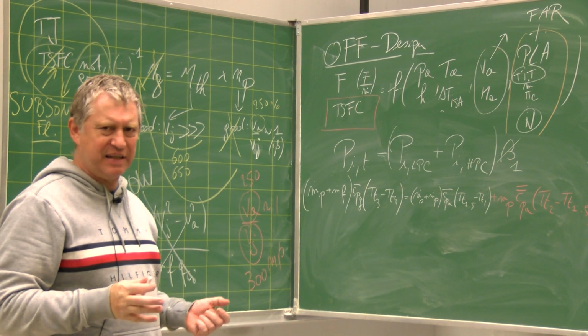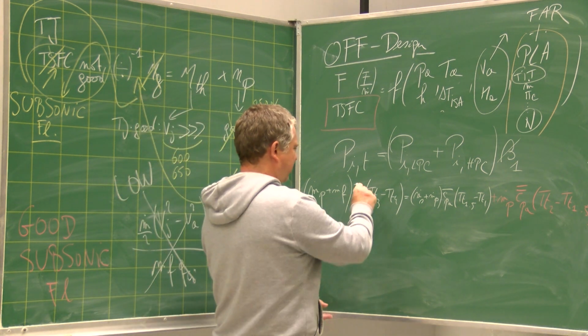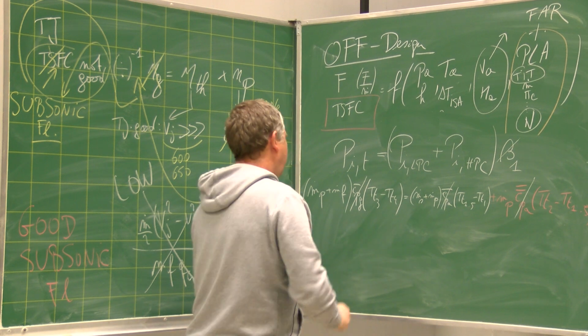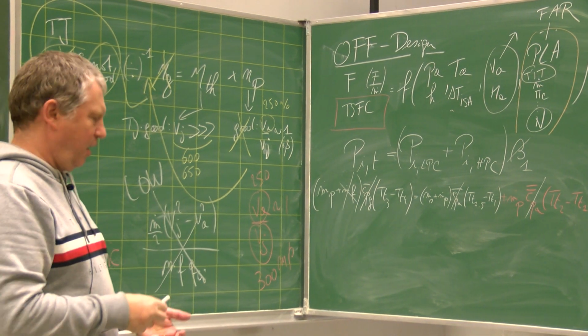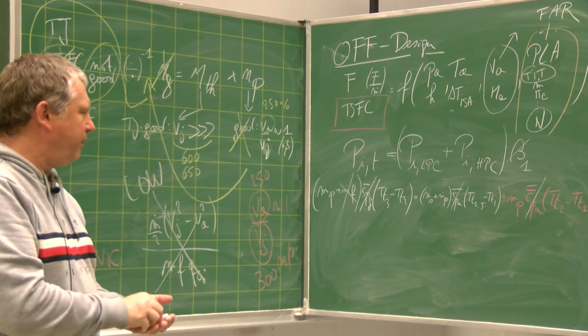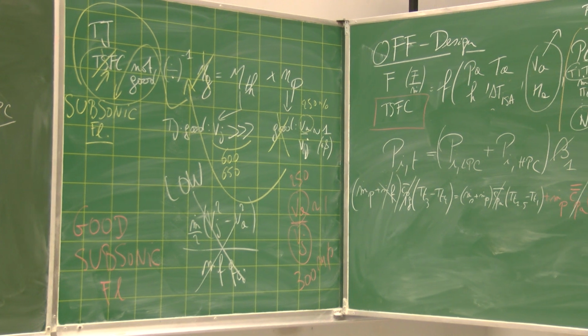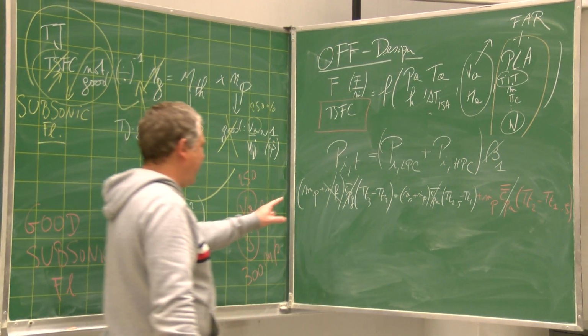I know they are not the same, but I'm only interested by evolutions, by some trends. So I cancel this. I also say m dot f is small compared to what I have in m dot p and in m dot secondary. And I divide everything by m dot p.